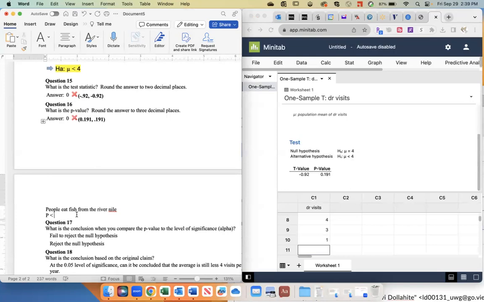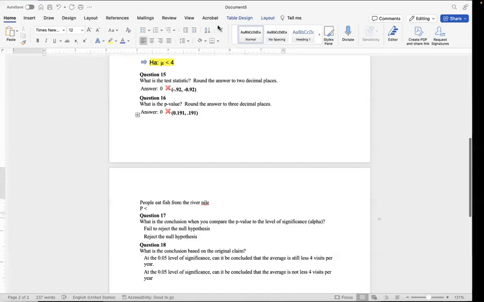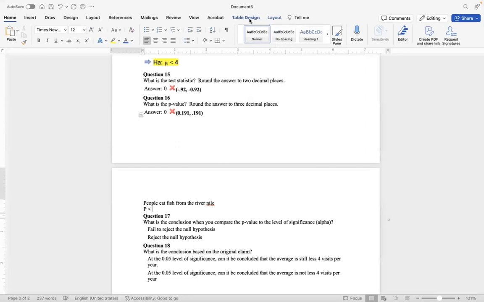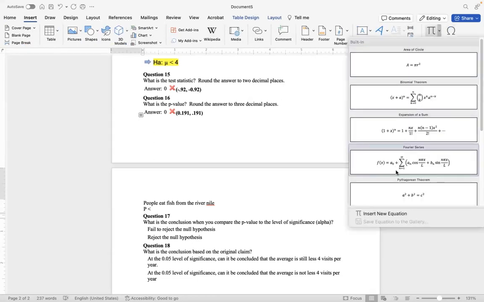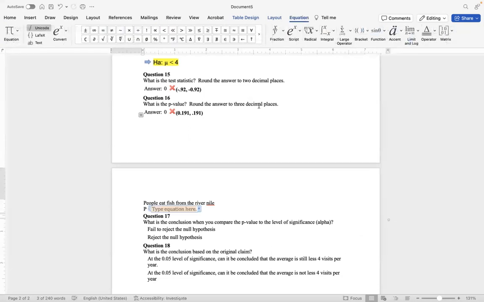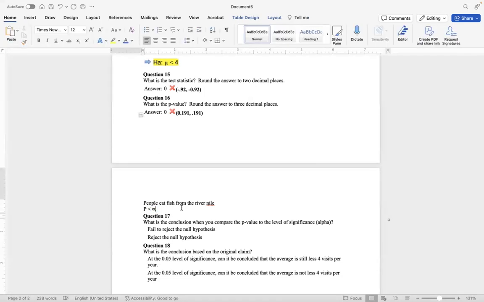Let me see if I can find that symbol real quick to show you what that is. Let's insert a symbol here. It should be, here it is. People eat fish, and I kind of think that looks like a fish. People eat fish from the, then reject the null.